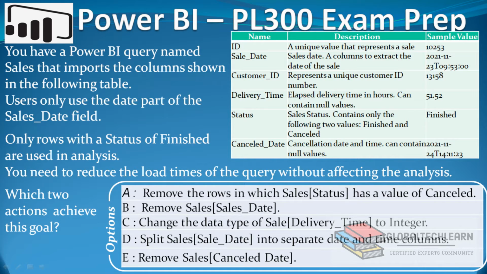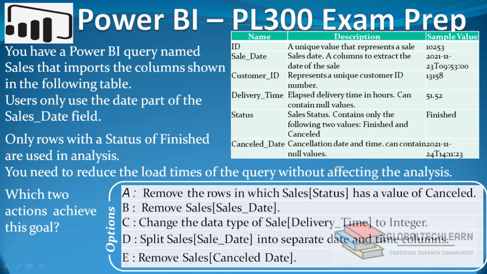Option B is remove sales date field. This is related to information number 1, that users only use the date part of the sales date field. That means we would need this field for business users, so we cannot remove it. Option B we can ignore. Option C is change the data type of sales delivery time to integer.